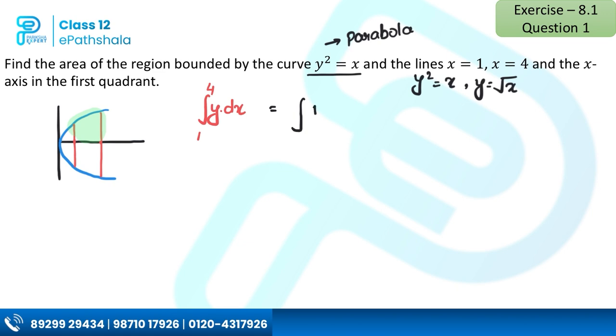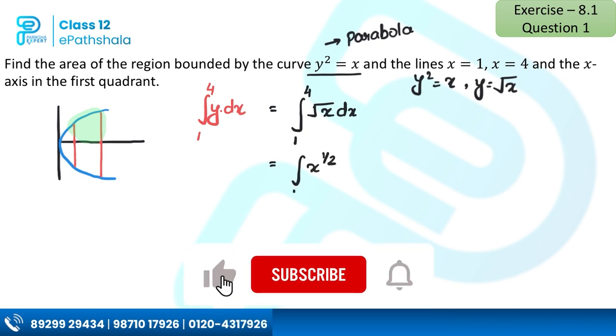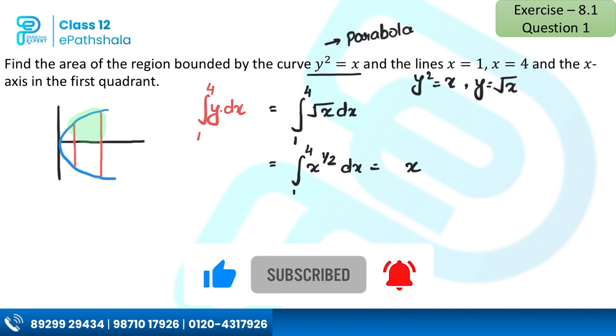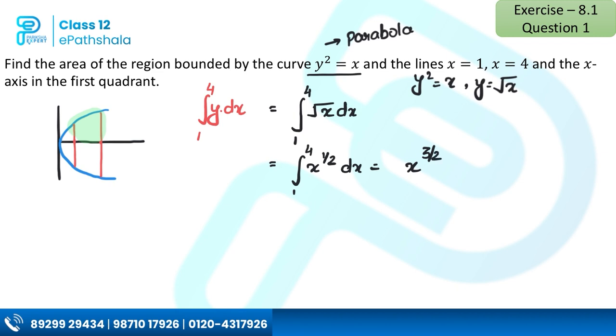So we will integrate root x dx and the limits will be from 1 to 4. Root x means x to the power of 1 by 2. Integrating this from 1 to 4 dx, we will have x to the power of 3 by 2 whole upon 3 by 2, where the limits range from 1 to 4.